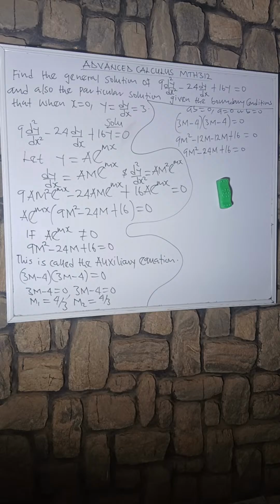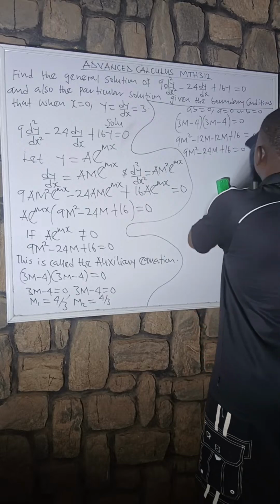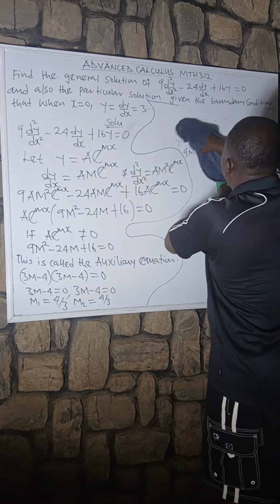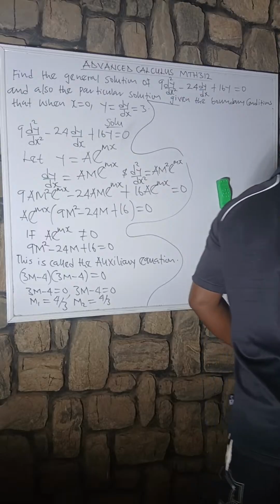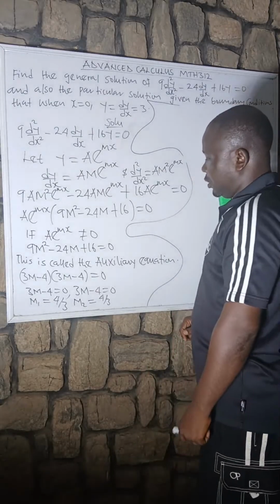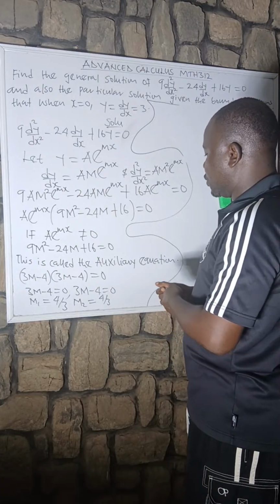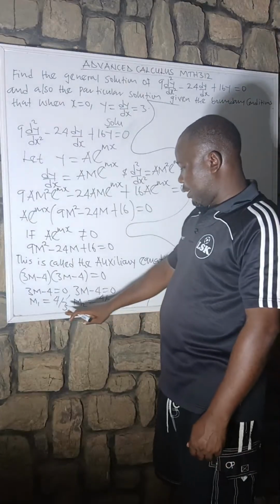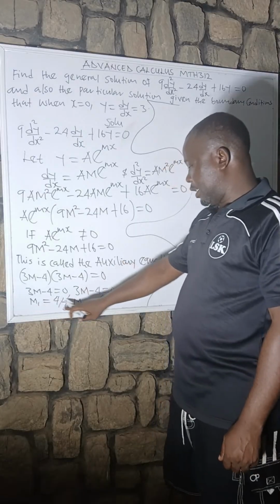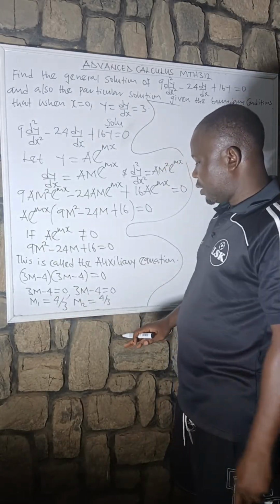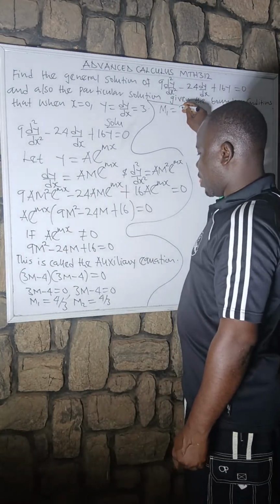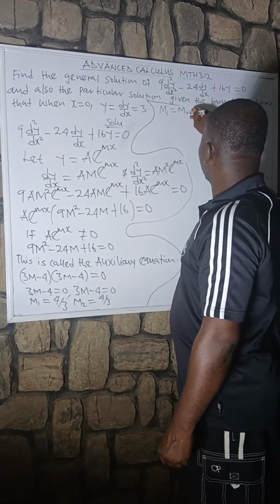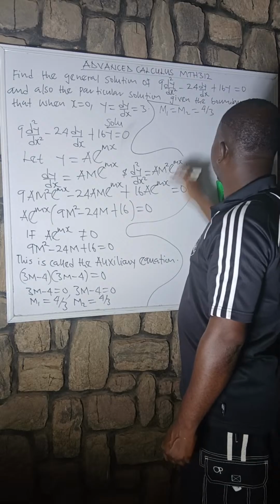If you can see what I am saying here, you can now see that the roots are the same real root, true or false? Because here now our M1 is equal to M2, which is equal to 4 over 3.